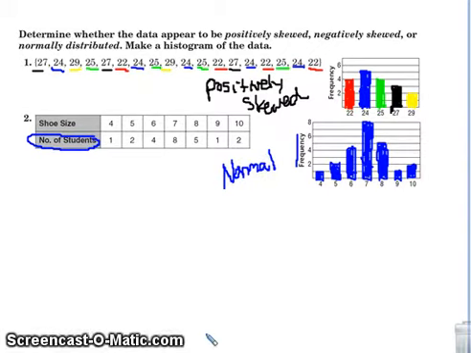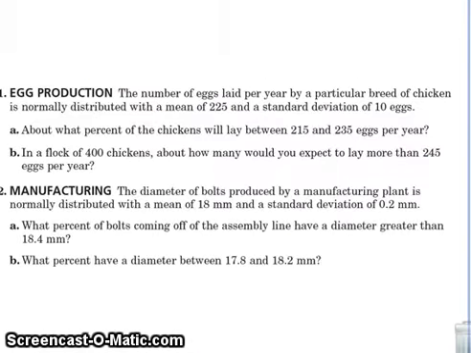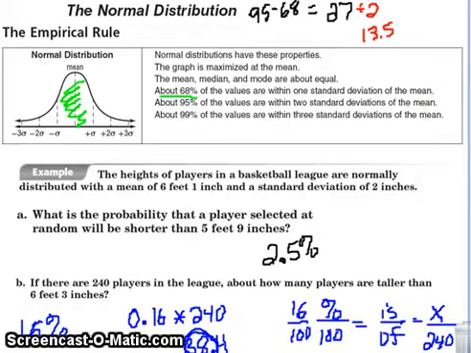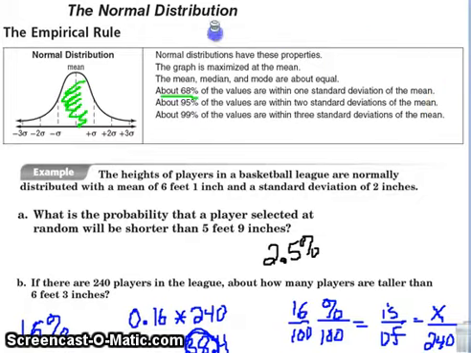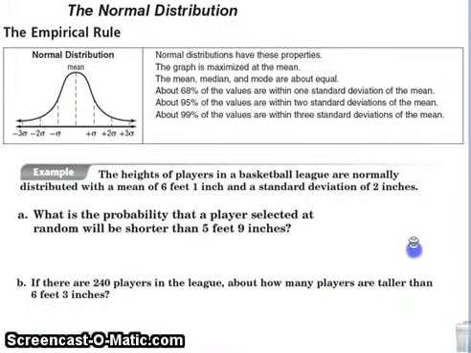Now, why we even want to know about a normal distribution comes from looking at what is on the next slide. Our next slide actually has some information about a normal distribution, and it's called the empirical rule. It tells us that if we have a normal distribution, the graph is maximized at the mean.